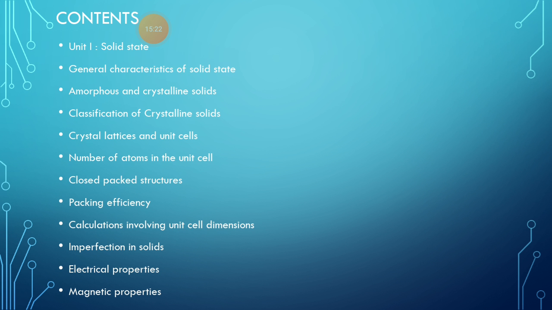Then by learning the structure we are going to calculate the packing efficiency. So how much part of the particular unit cell is occupied and how much part is unoccupied, we are going to calculate over here. And here we are going to learn about the packing efficiency of three unit cells, that is the simple unit cell, then the face centered unit cell or cubic close packed unit cell, and the third one is the body centered unit cell.